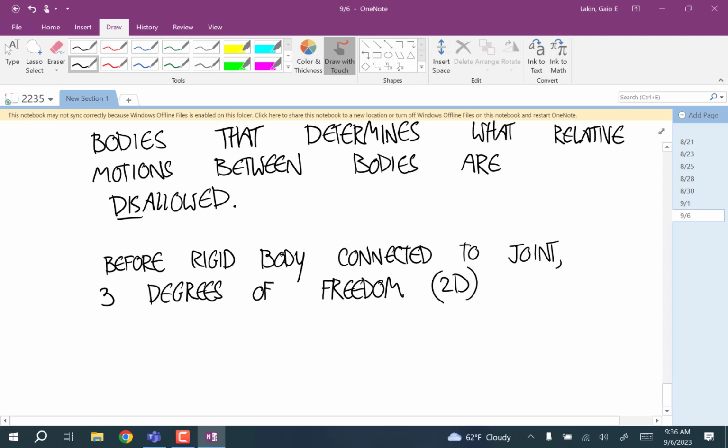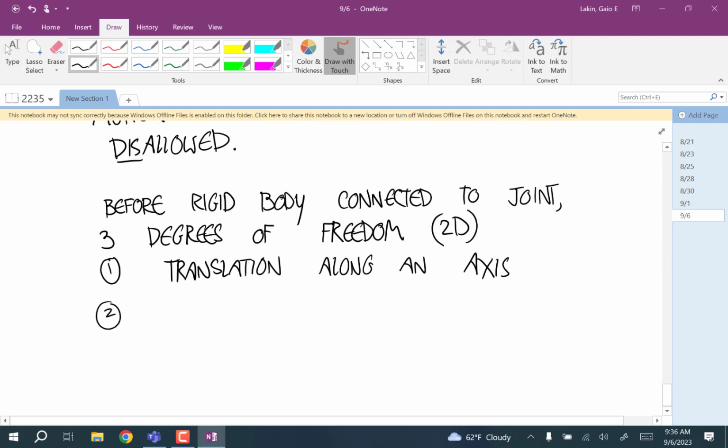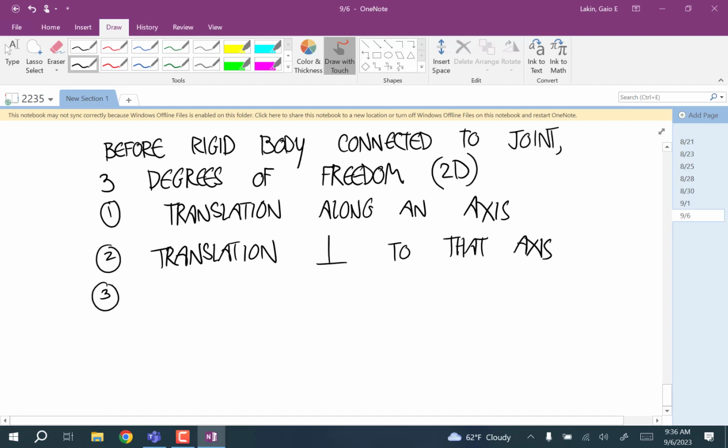And those are translation along an axis, translation perpendicular to that axis, and rotation.